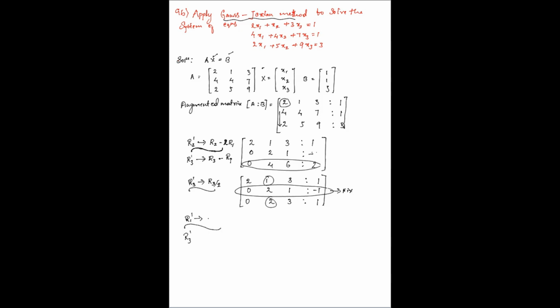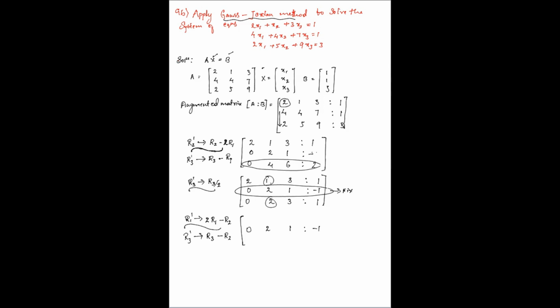If I multiply R1 by 2, 2 minus 2 becomes 0. So therefore 2 R1 minus R2. Similarly here, R3 minus R2. 2 minus 2 becomes 0. So the second row stays as the constant row.